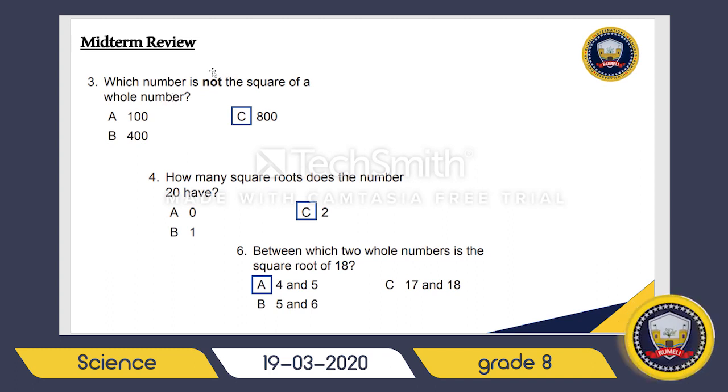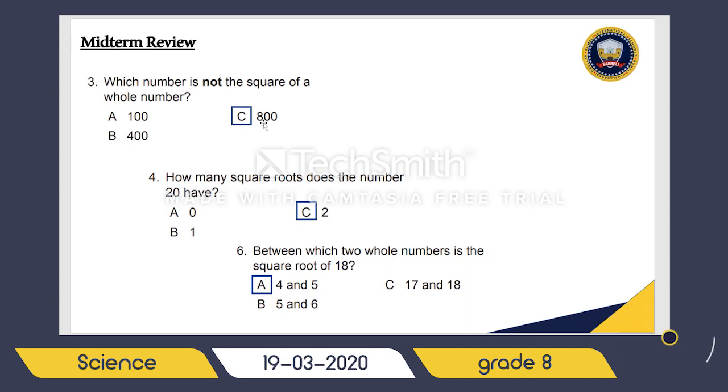Which number is not the square of a whole number? What do you think? 100 is the square of 10. 400 is the square of 20. So they are squares of whole numbers. Whereas 800 is not. It's not a square of a whole number.